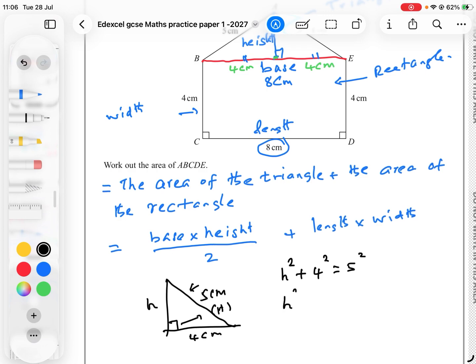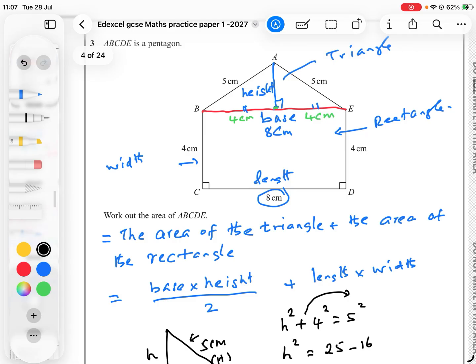So h squared equals 5 squared, 25, take away 4 squared, 16. h squared equals 25 take away 16, 9. So h equals the square root of 9, which is 3. So that means the height is 3 centimetres.